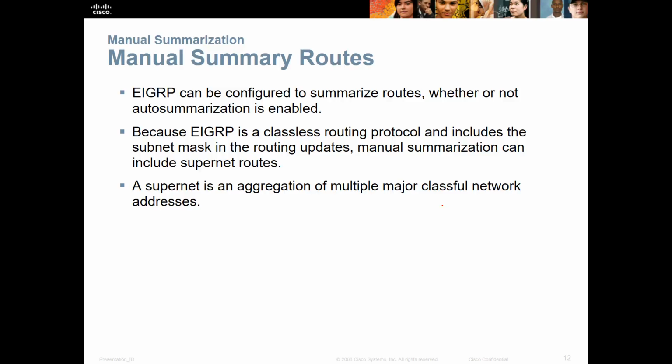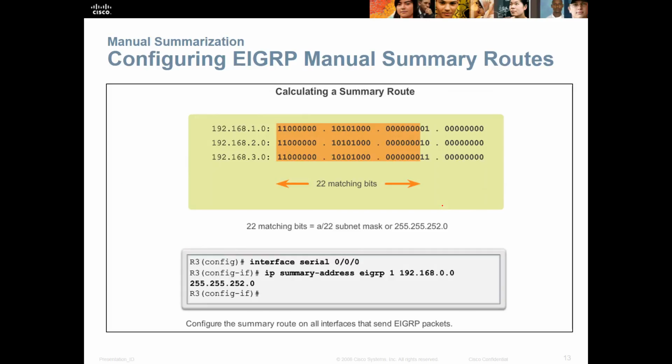A supernet is an aggregation of multiple major classful networks. Here is our summary address, if we choose to do so. Here we're summarizing, which is going to be what's common in our subnet mask. That dictates what's going to be common in our IP.